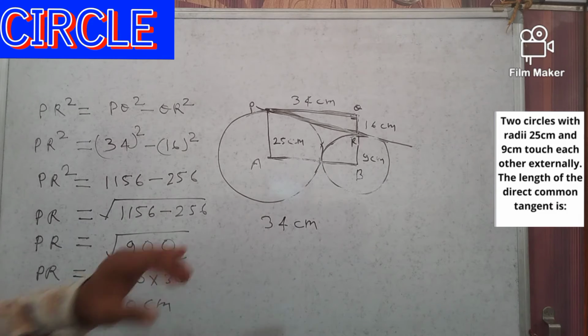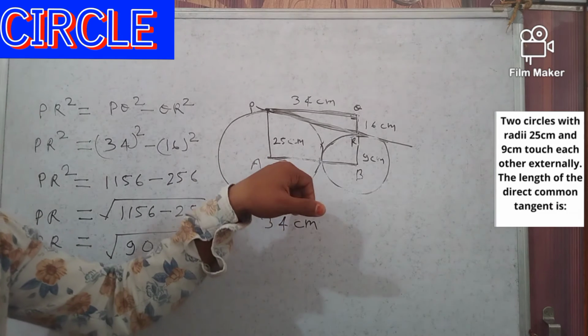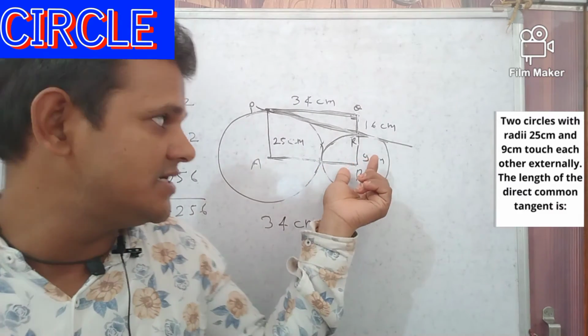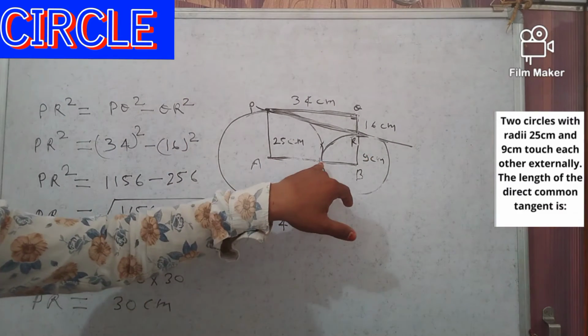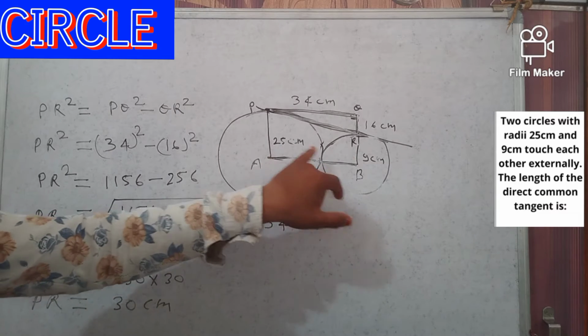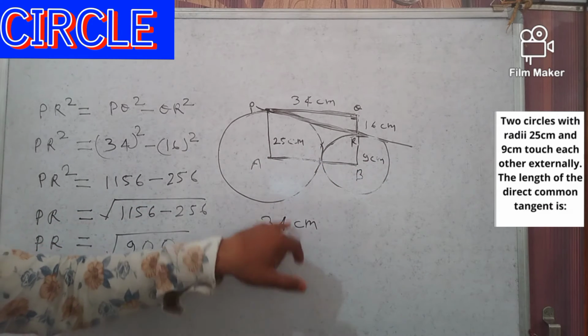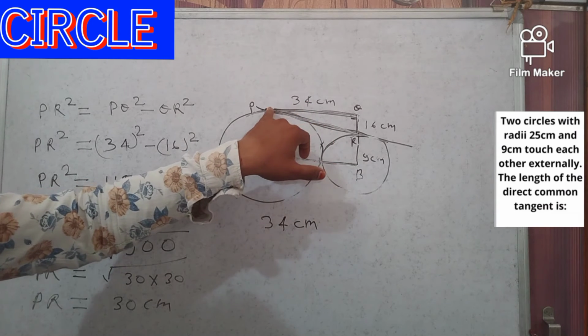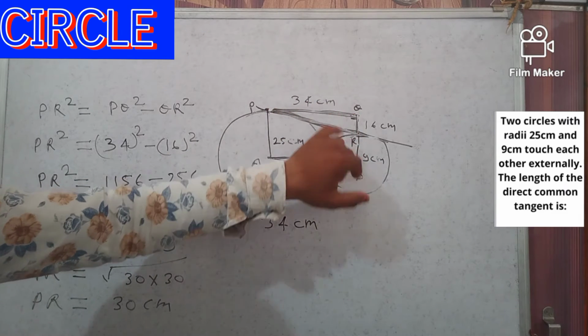See here friends, this circle radius is 25 centimeter and this circle radius is 9 centimeter. Because they touch each other externally, 25 plus 9 will be 34 centimeter. Here to here is 34 centimeter. This is parallel, so this line will also be 34 centimeter.